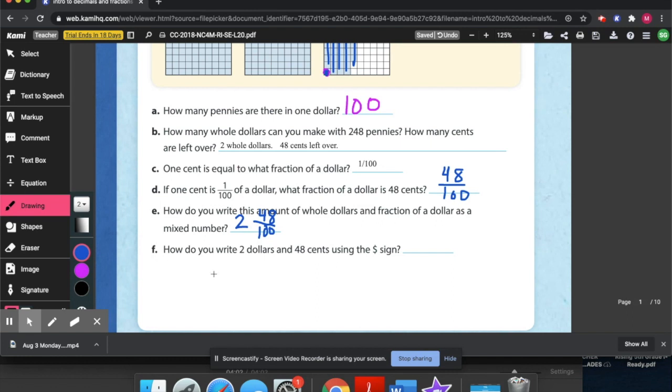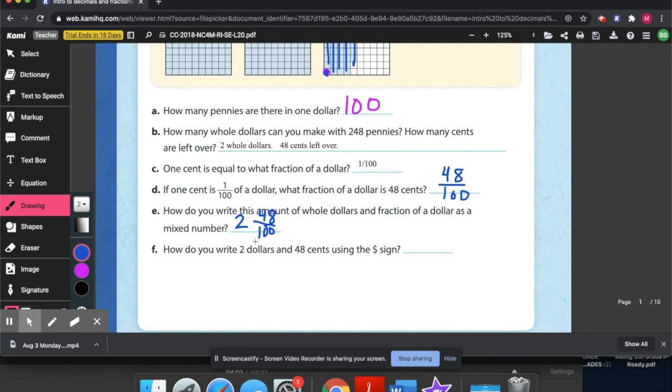F. How do you write $2.48 using the money sign? Okay, so because we've already put the connection between money and decimals, this should be pretty easy, because you could clearly walk into any store or even look on the back of any packaging that has how much that item is worth, and you would see there's a decimal involved with it.